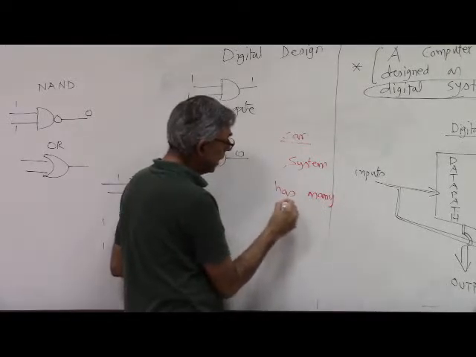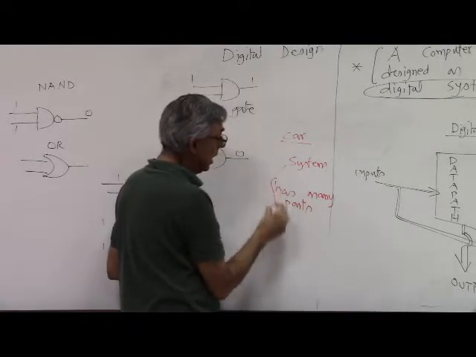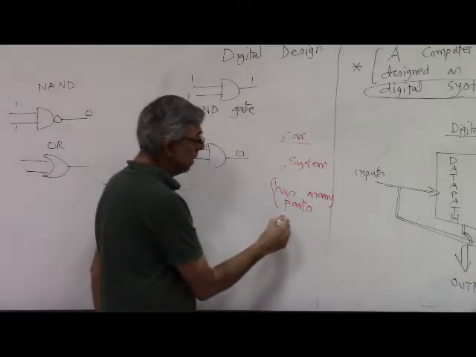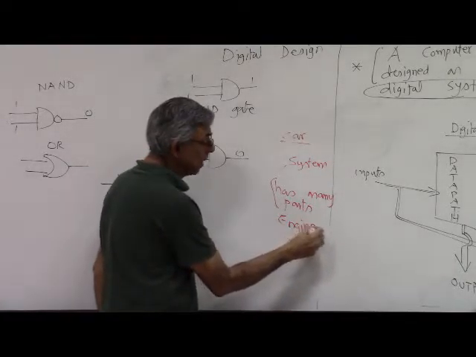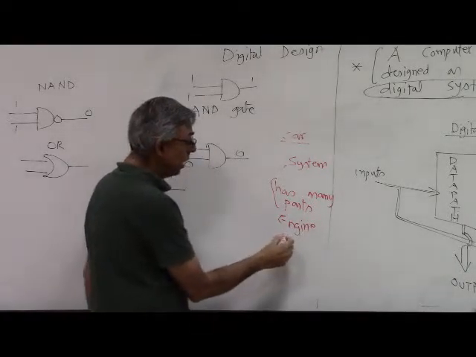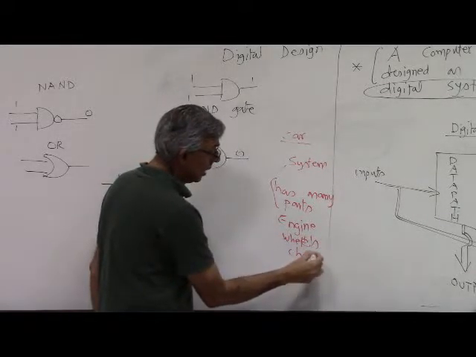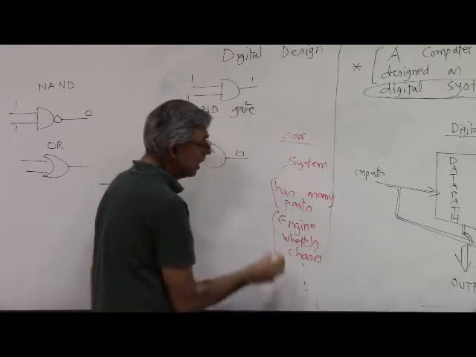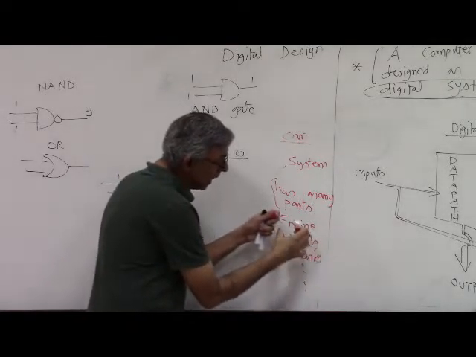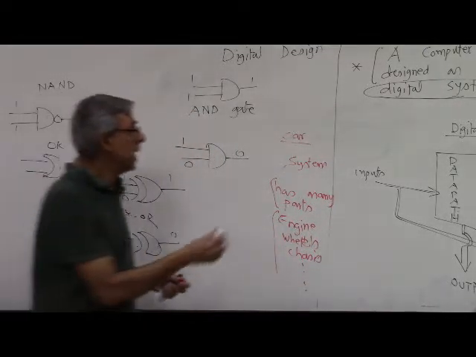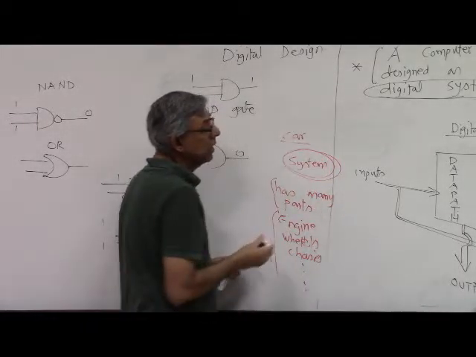For example, if you take a look at a simple car, we have an engine, which is one of the main parts in the car. We have wheels, we have a chassis, and so on. Once we put these parts together in a meaningful way, that's how we create a system.